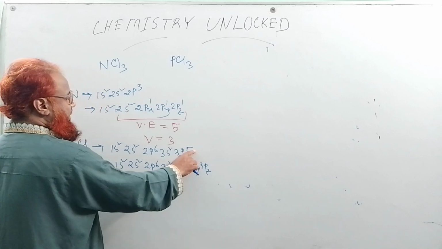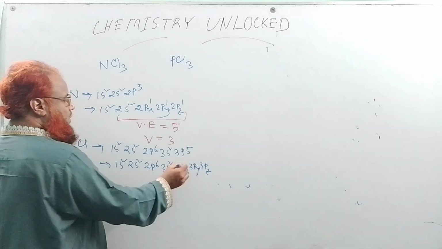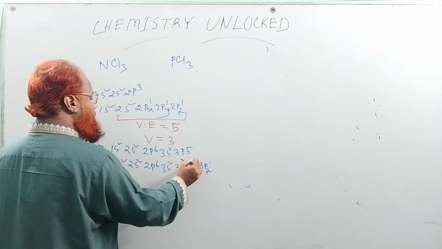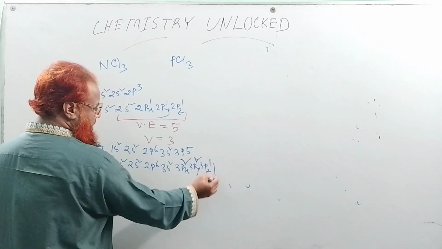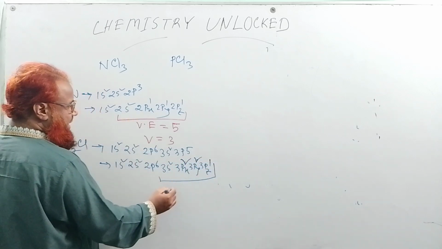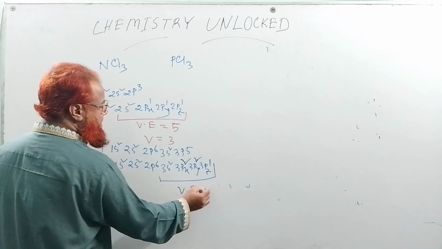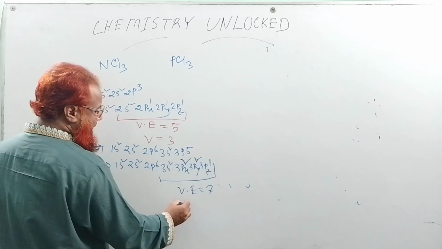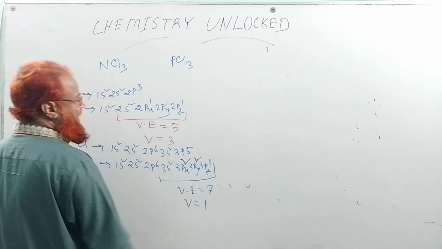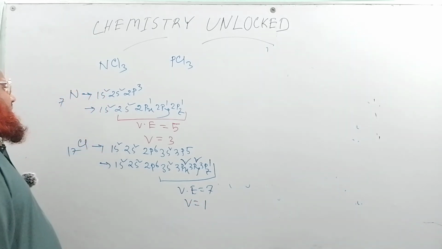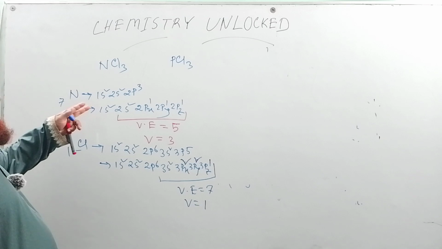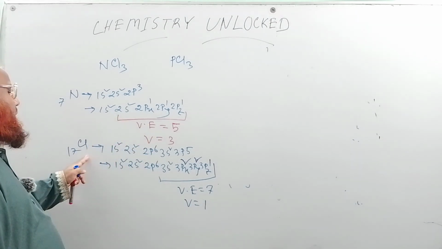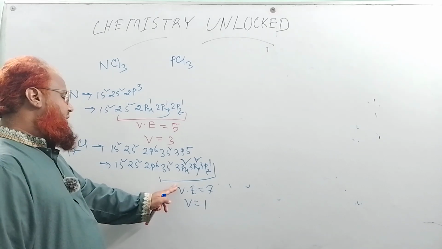So distribute these 5 electrons among these 3 orbitals: 1, 2, 3, 4 and 5. So 2, 2 and 1. Now total valence electron is here 7. And number of unpaired is 1, so valency is 1. My dear students, look at here. Valency of nitrogen is 3, but valence electron is 5. Chlorine, valence electron is 7, valency is 1.